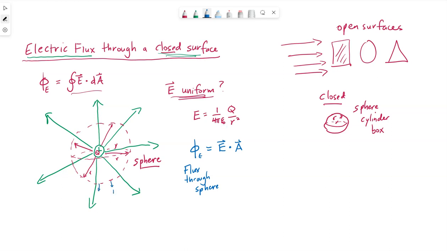So at any point on this sphere I've drawn, I can draw the area vector normal to the surface and pointing outwards. That makes that radially outwards as well, which means E and A in this specific situation are parallel to each other.